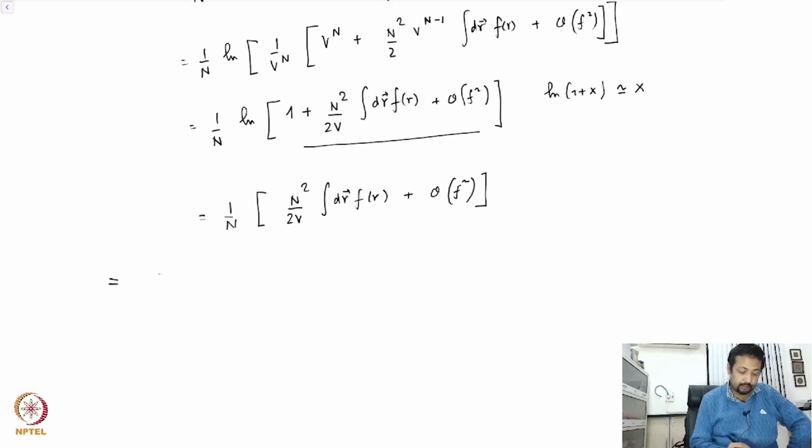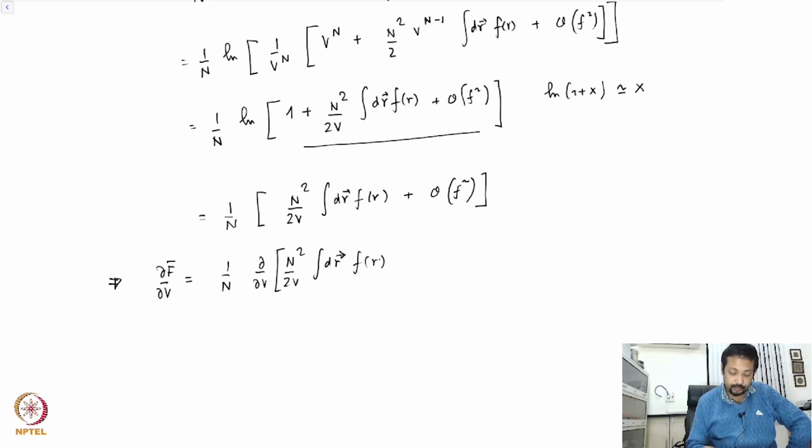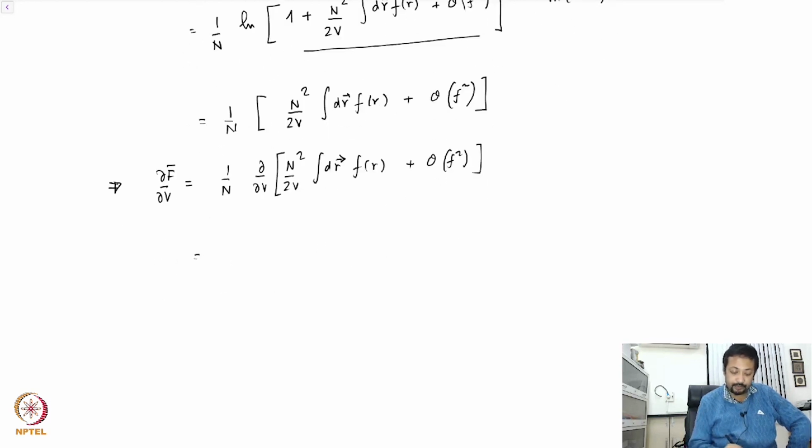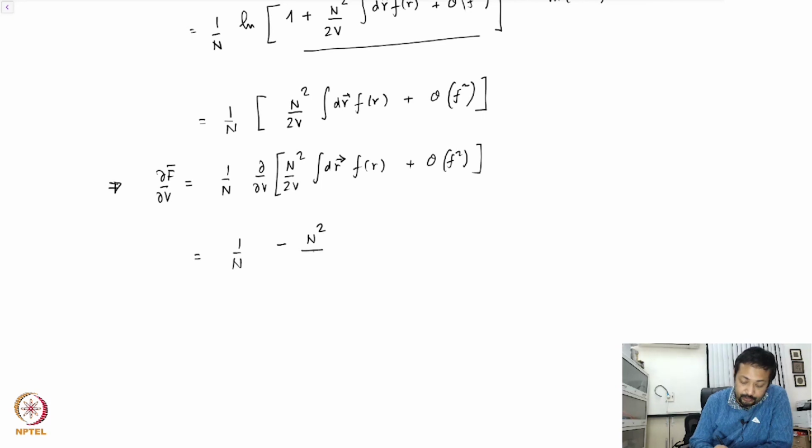So this implies ∂f̄/∂V is going to be 1/N ∂/∂V of N²/2V ∫dr f(r) plus order f², and this gives me 1/N times minus N²/2V² ∫dr f(r) plus higher order terms.